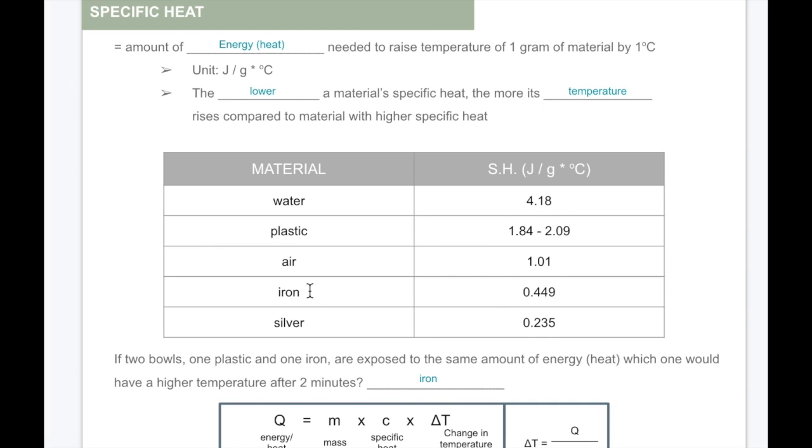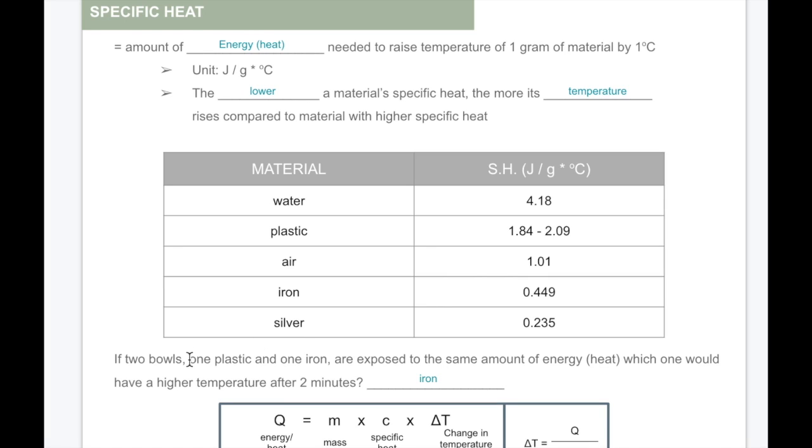Things like iron and silver that have really low specific heats can heat up very quickly. That's one of the reasons why we use things like iron or metals as cookware, because they can quickly heat up in order to cook our food.